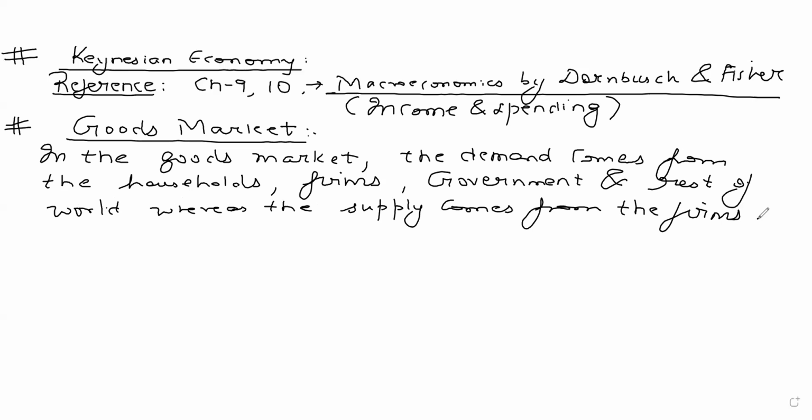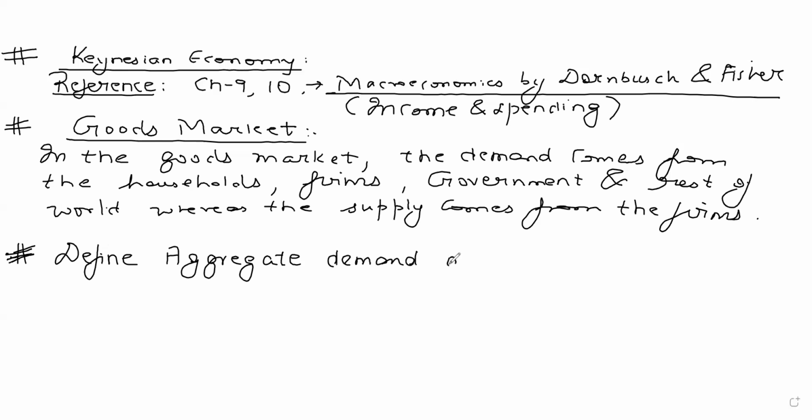So when we talk about the goods market, essentially the demand is coming from the households. Okay, so I'm writing a very standard macroeconomic equation for aggregate demand. I can define aggregate demand as AD is equal to: demand is coming from households in the form of consumption.